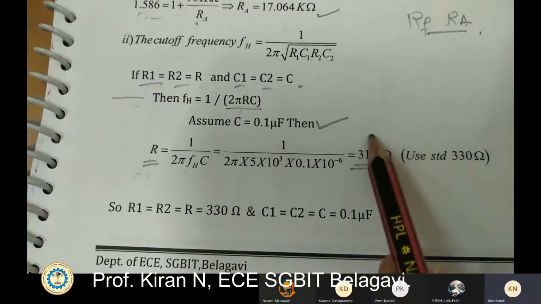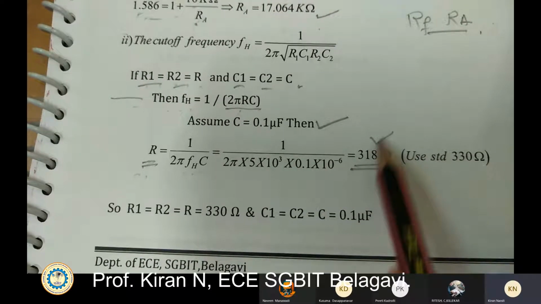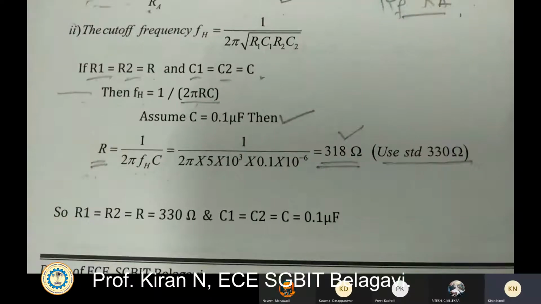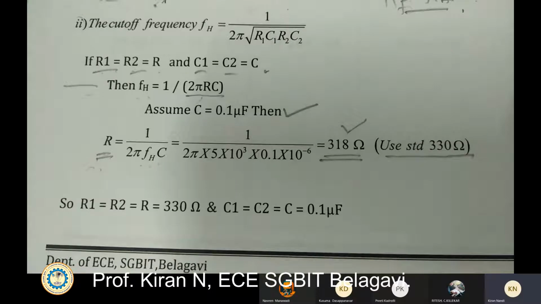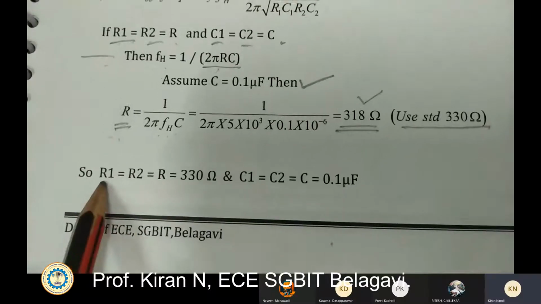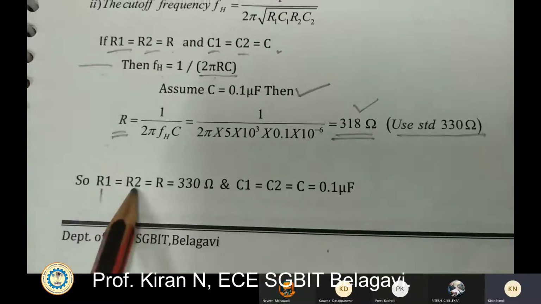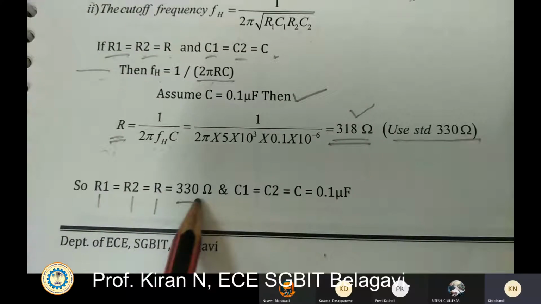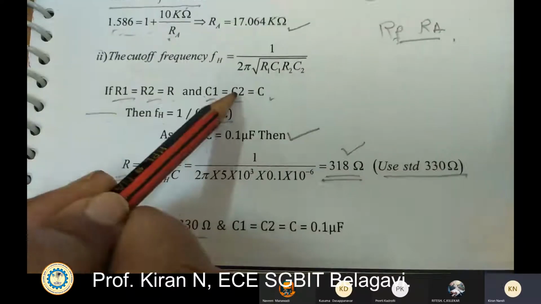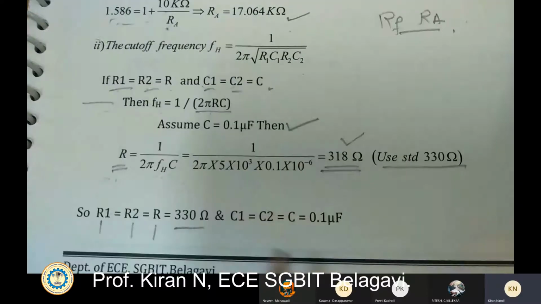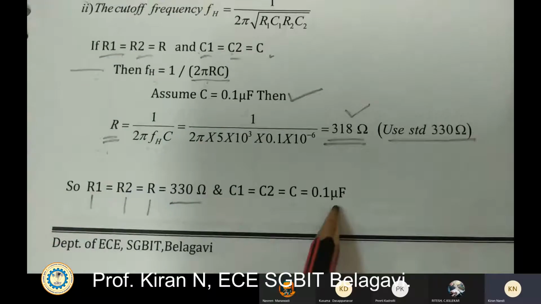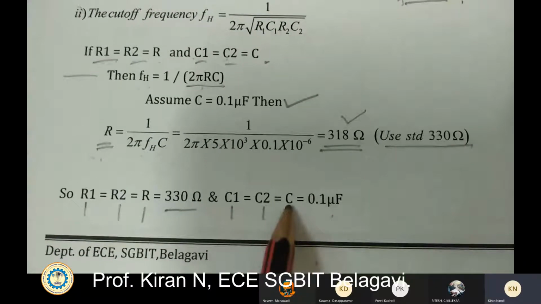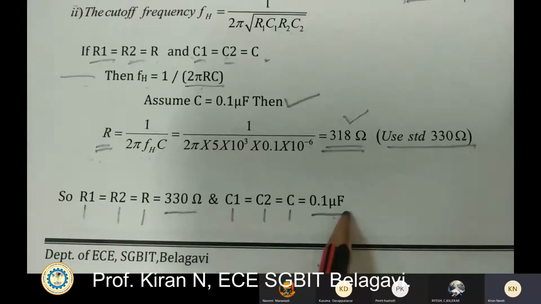Since 318 ohms is not available, we are going to use a standard value, that is 330 ohms. So the value of R1, R2 and R is nothing but 330 ohms. Since we have taken C1 equal to C2, the value of C we have taken is 0.1.